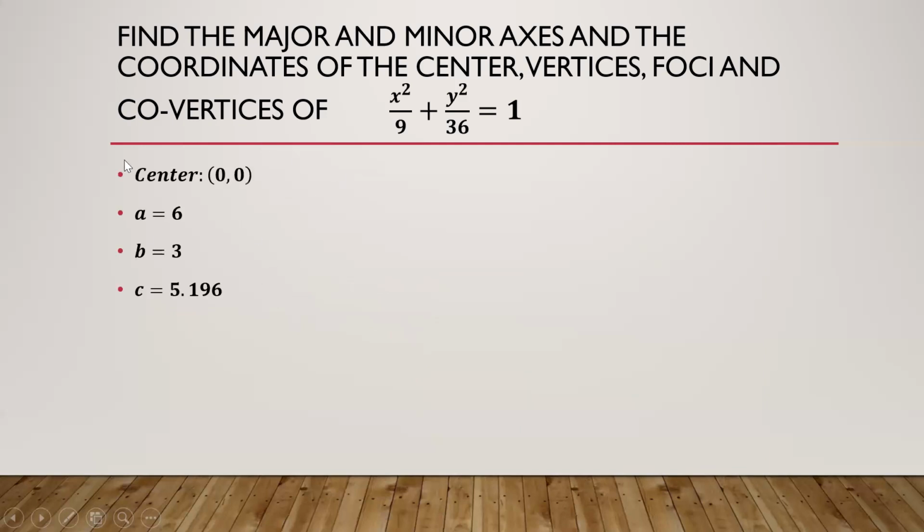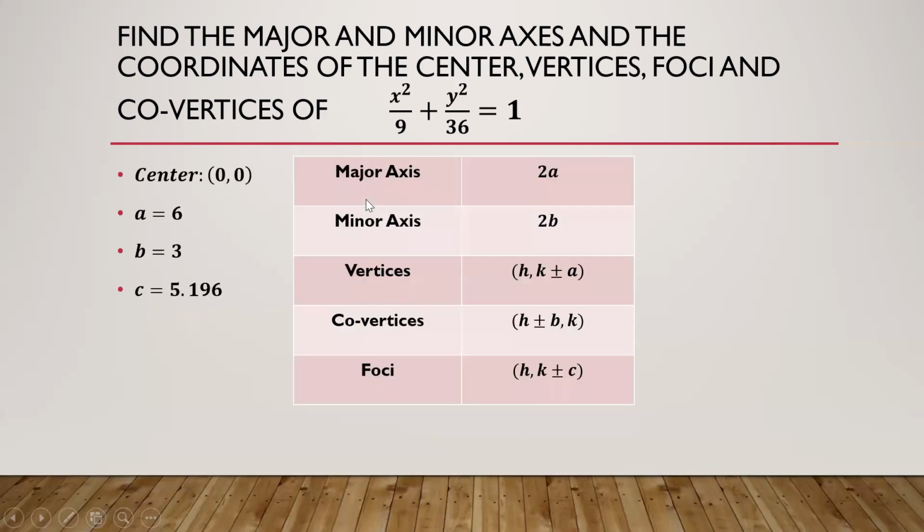So now we get the values again, and then we complete our table. So for our major axis, it's just 2a, minor axis, 2b, and then we simply have to follow this. Since our a squared is with y, for our vertices, we will manipulate k using a.